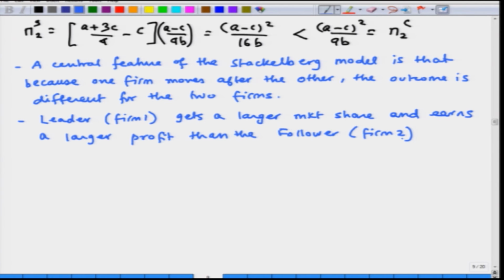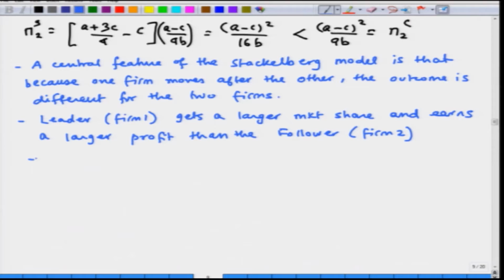Right. But an interesting aspect of the disadvantaged outcome for firm 2 is that paradoxically firm 2 does worse than what it did under the Cournot model when it has more information now. Notice the timing of the moves. Firm 1 chooses Q1, firm 2 observes the Q1 and then chooses Q2. So, essentially in the Stackelberg model, firm 2 has more information.